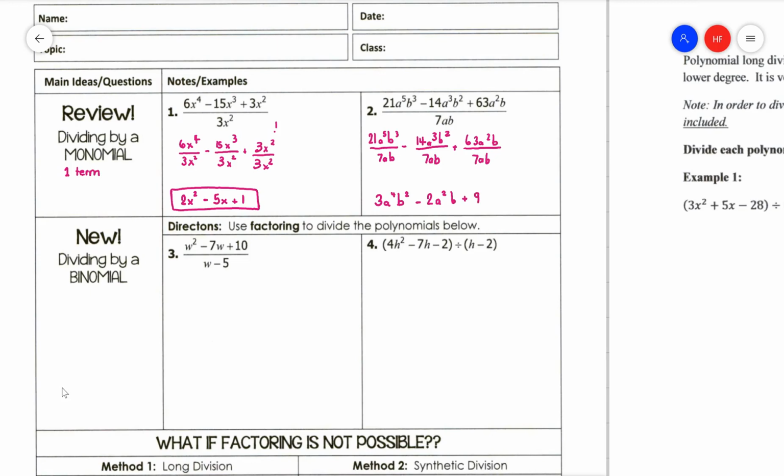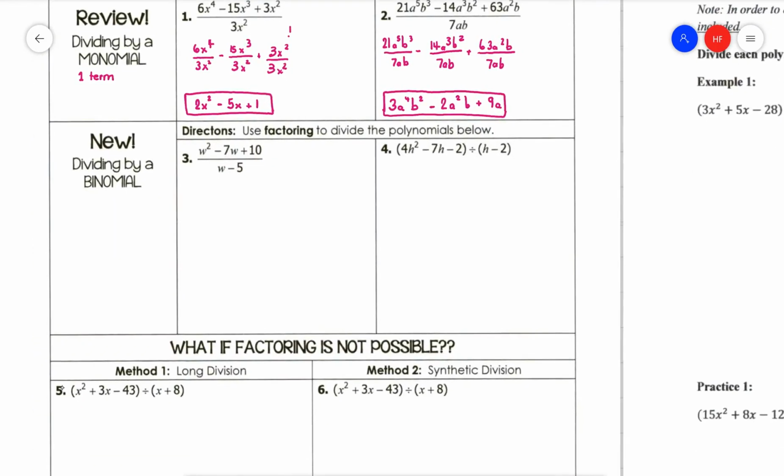A squared divided by a, we have a to the power of 2 minus 1, which is 1. And b divided by b is 1. So we don't have to write times 1 on the end, because we know that anything times 1 is itself, so we would just leave the b out of it. So that's dividing by one term.